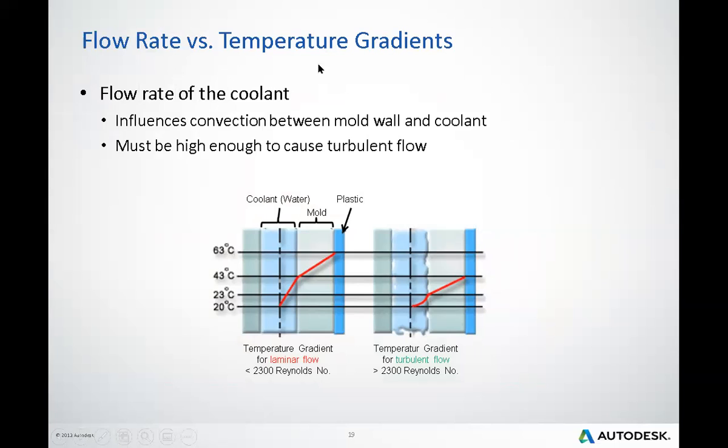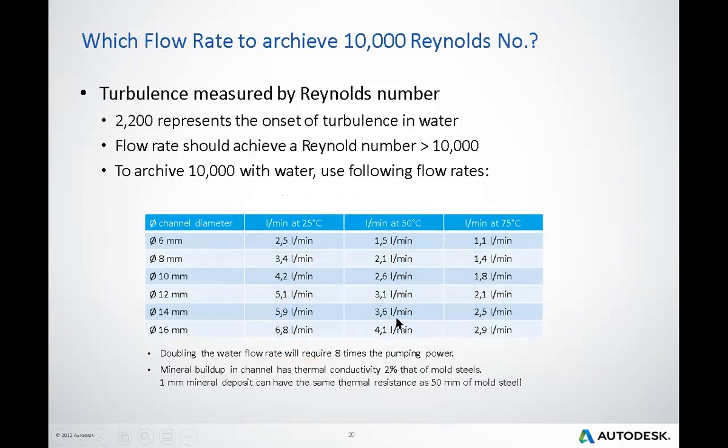You can see the temperature gradients. On the left side is laminar flow, with Reynolds number less than 2300, and the right side is turbulent flow, with Reynolds number more than 2300. We want turbulent flow, measured by the Reynolds number.